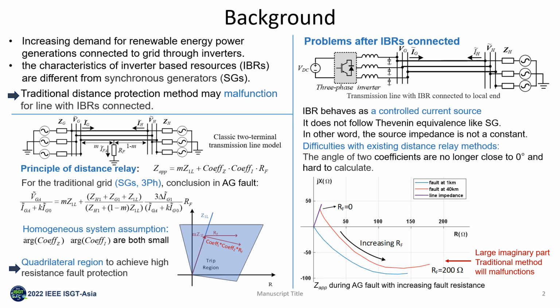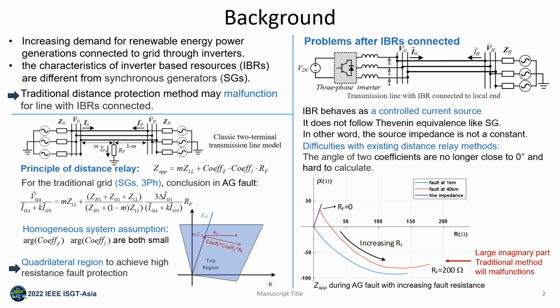Based on the homogeneous system assumption, the phase angles of coefficient Z and coefficient I are both small enough, which means the additional impedance caused by fault resistance is purely resistive. Thus, a quadrilateral region is designed to achieve the protection, as in the figure.